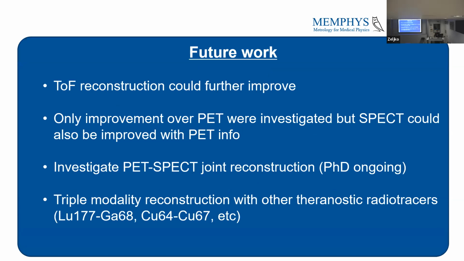In this study, I only show the improvement of the SPECT information to the PET image. However, we obviously want to understand the other way around as well, and we have a PhD project now looking at the PET-SPECT joint reconstruction for this purpose.